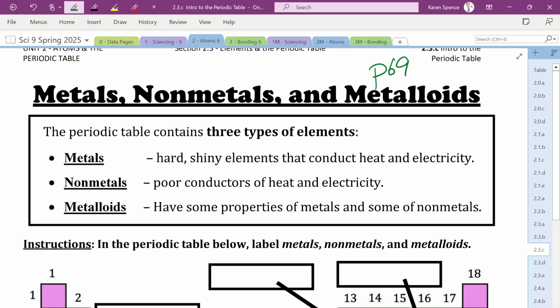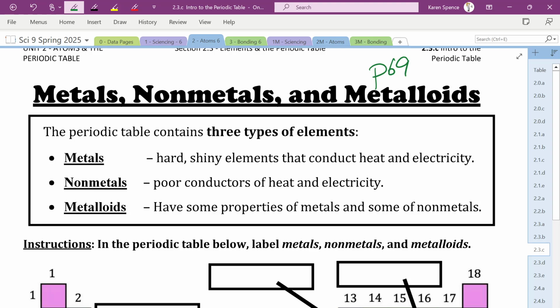Do you see the colors? Do you see blue? Blue are the metals. Okay. Do you see purple? Purple are the metalloids. They're kind of like in between metals and non-metals. And the pink ones, those are the non-metals.